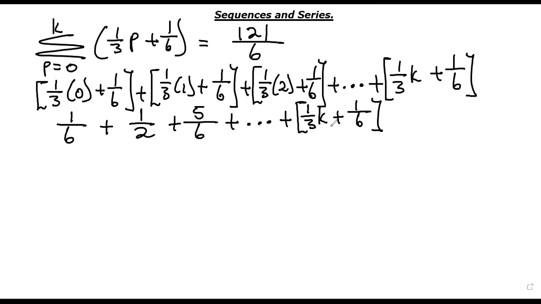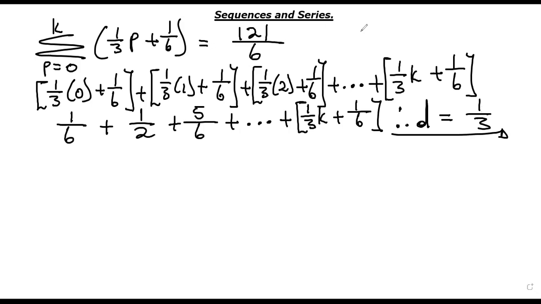This is what we have. Then from this point, if you say half minus 1 over 6, you get a third. 5 over 6 minus half, you also get a third. So it means the constant difference will be 1 over 3.